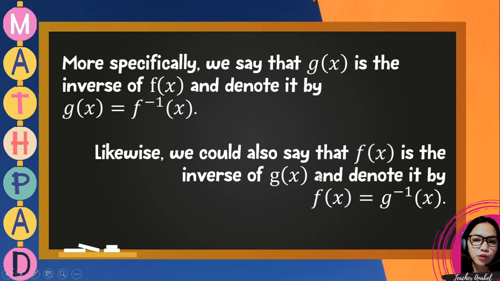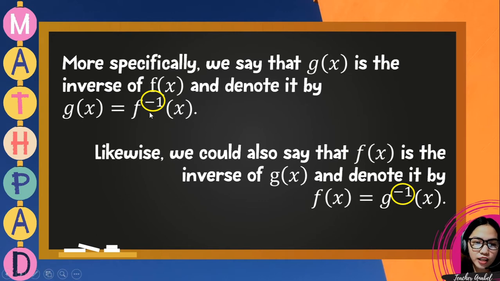Likewise, we could also say that f of x is the inverse of g of x and denoted by f of x is equal to the inverse of g of x. Now, we have to be careful with the notation for inverses. The negative 1 here and here, it's not an exponent despite the fact that it does look like one.